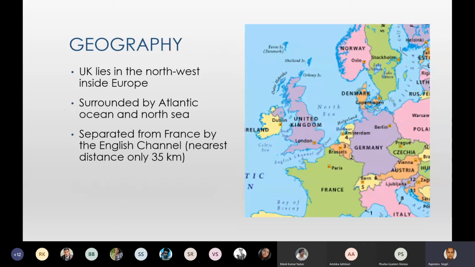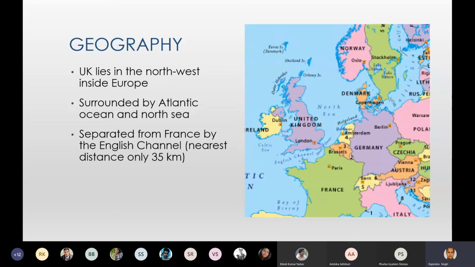Looking at the geography, the UK lies towards the northwest of Europe. It is towards the north of France, and towards the west of Germany, Belgium, and the Netherlands. The Republic of Ireland is pretty much connected there.